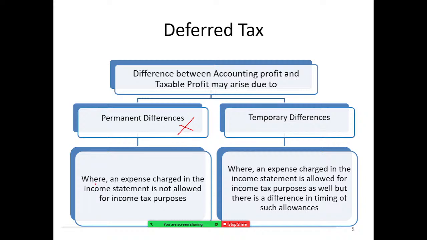So temporary differences: where expense charged in the income statement is allowed for income tax purposes as well, but there's a difference in timing of such allowances. Normally we prepare financial statements. It means when we are arriving at accounting profit, we follow accrual basis, isn't it?